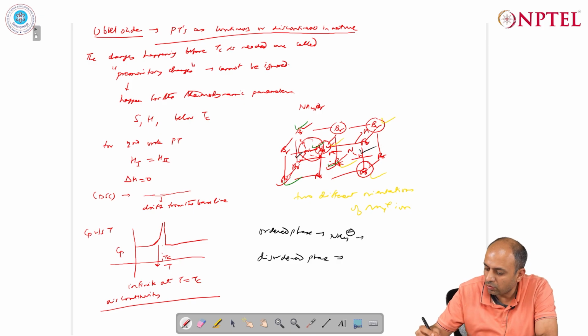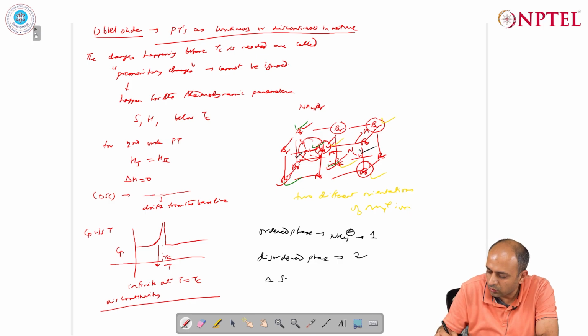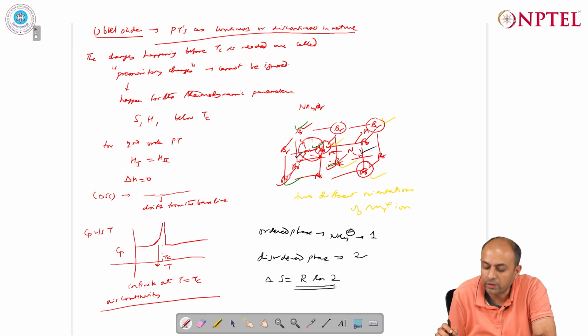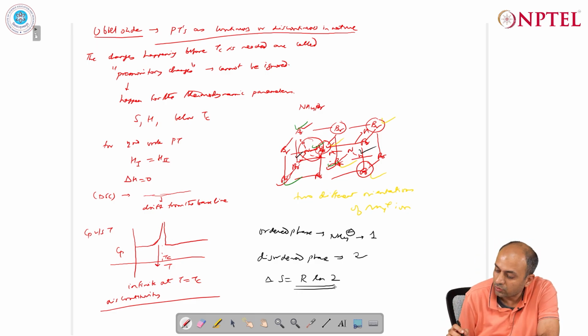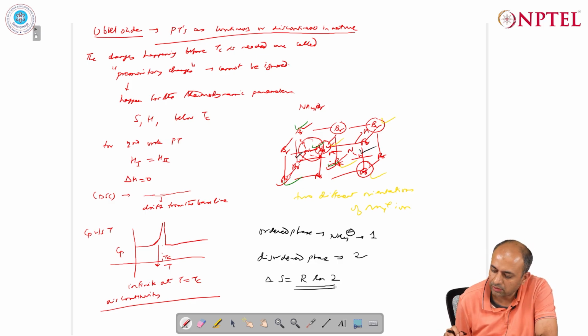So the number of configurations is only 1 for the ordered phase, but the number of configurations is 2, and that tells you that delta S is equal to R ln 2, and this is the magnitude which drives favorably the process of phase transition, because there is an increase in entropy associated with this process, thereby validating the order disorder phase transition. So these subtle changes in the entropy can actually guide these phase transition processes as well.